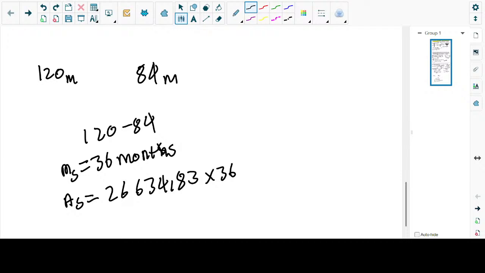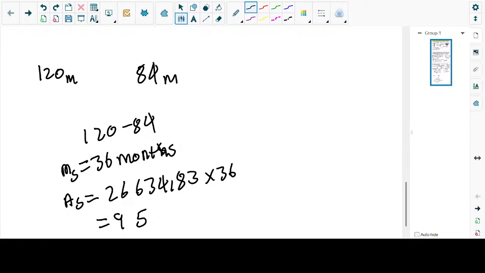958,888. Let's write it down. The way we write numbers, we have to start with the 3 numbers.